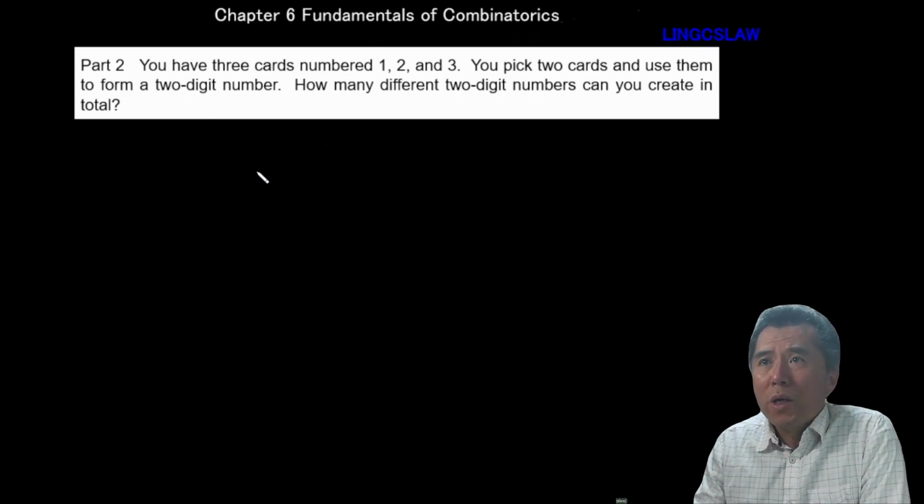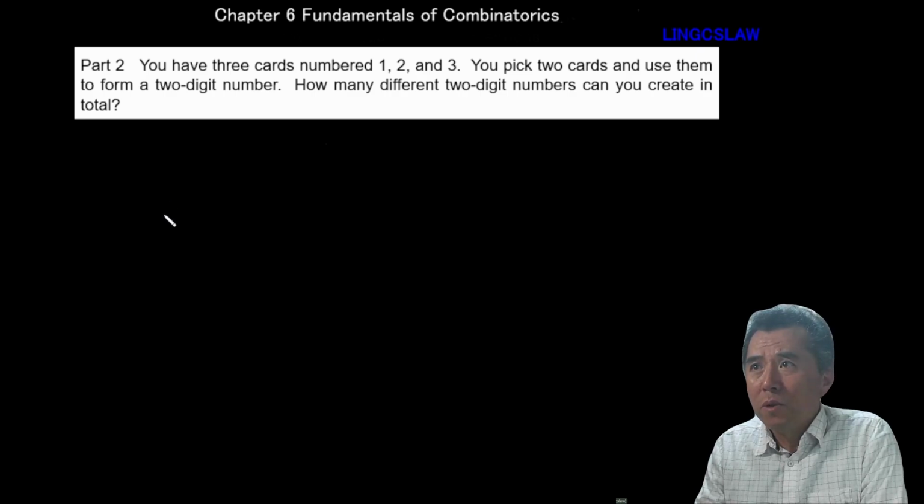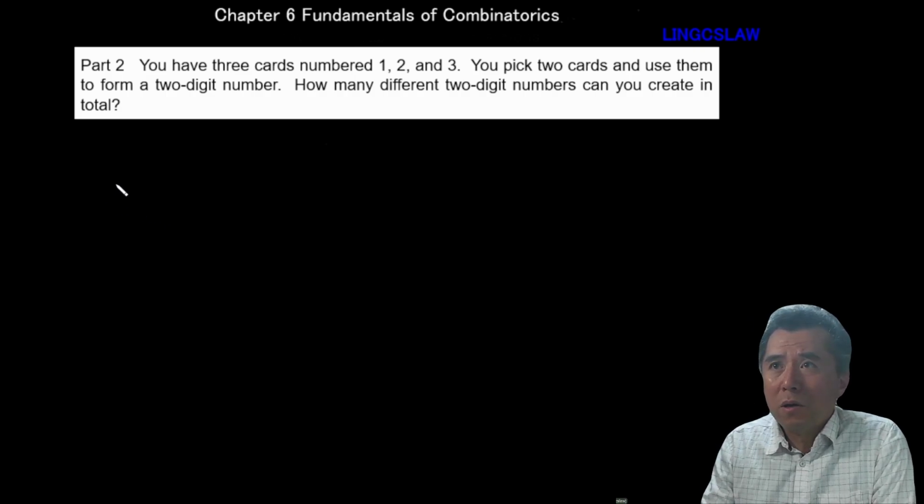You have 3 cards numbered 1, 2, and 3. You pick 2 cards and use them to form a 2-digit number. How many different 2-digit numbers can you create in total? So there are 3 cards: 1, 2, 3.